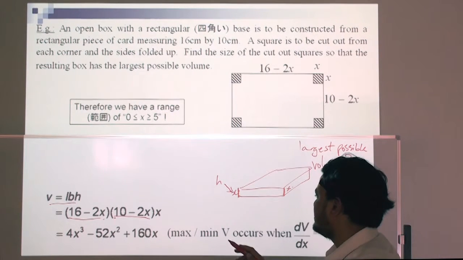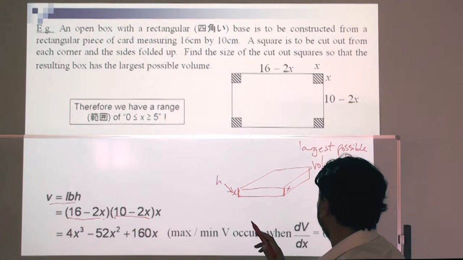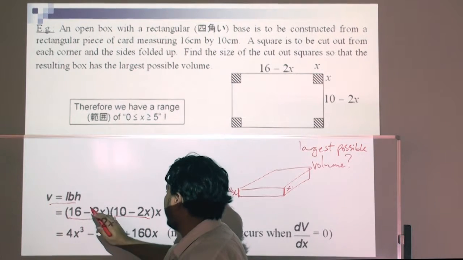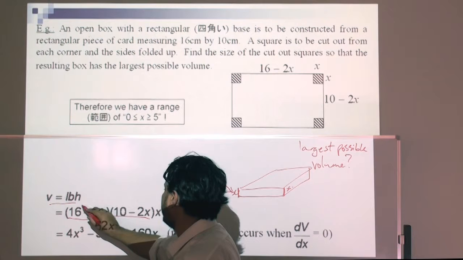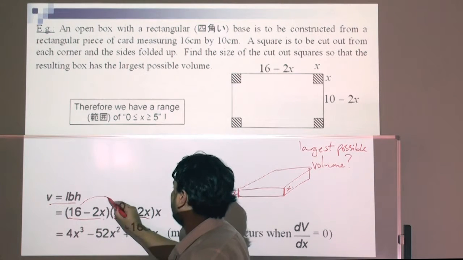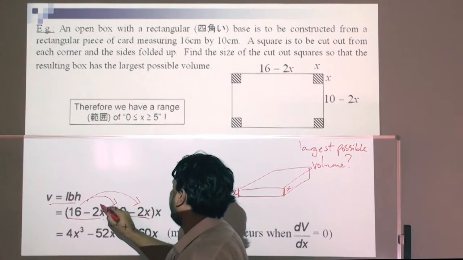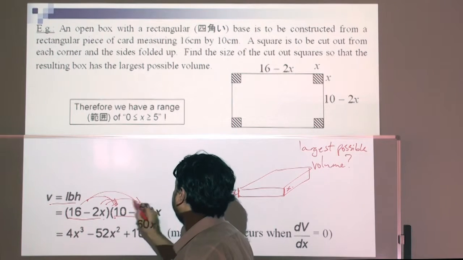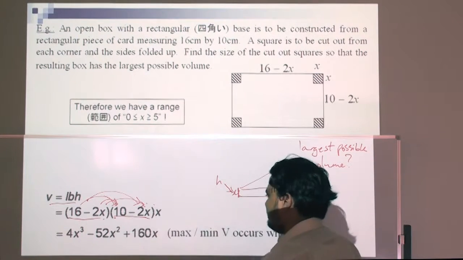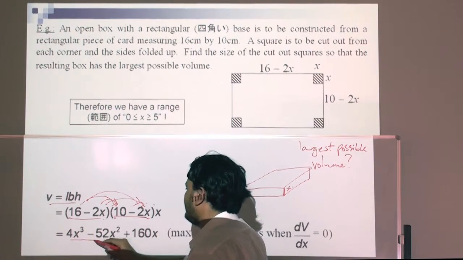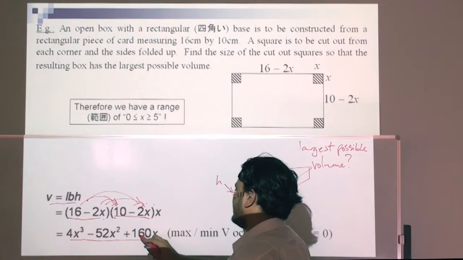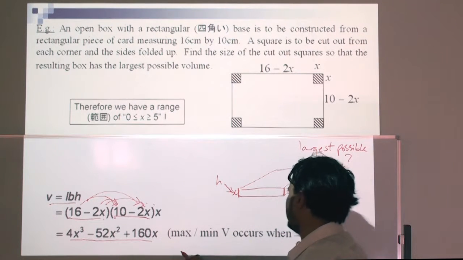What we do now is we expand this, 16 times 10. Remember the FOIL method we talked about before? Times that, that times that. Then you expand all of that, and you get 4x cubed minus 52x squared plus 160x.